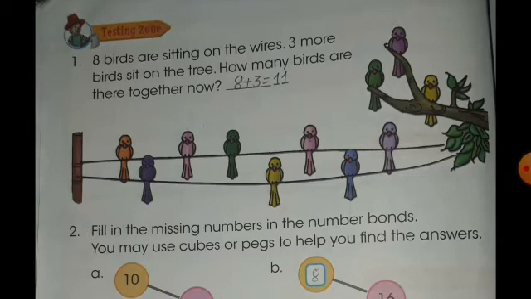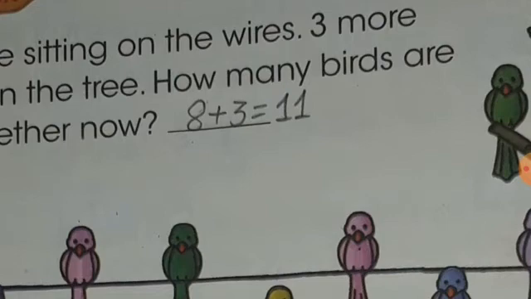Here you can see 8 are on wires and 3 on trees. We will add by counting on. We will count 3 after 8. 9, 10, 11. We got the total number of birds and we will write in the blank: 8 plus 3 is equal to 11.